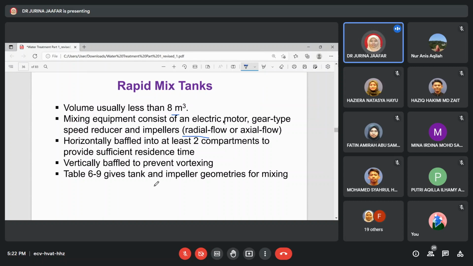And then vertical baffle, so we have this arrangement of the compartment so that it prevents the flow going up as a dia macam putaran vortex. So kita have to ensure that it's a vertical baffle. So we have the separation in term of vertical line. Then kita selalunya ada impeller and a given tank for mixing.